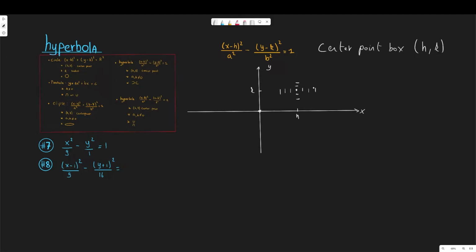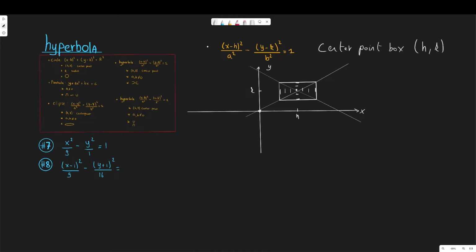So now we can draw our box as follows, like this. So now we're going to have to draw our asymptotes, and the way to find those asymptotes is simply by connecting the corners with each other. So we'll have to connect this corner with this corner, so the opposite corners, and this corner with this corner. And now just make our lines much bigger, like this.